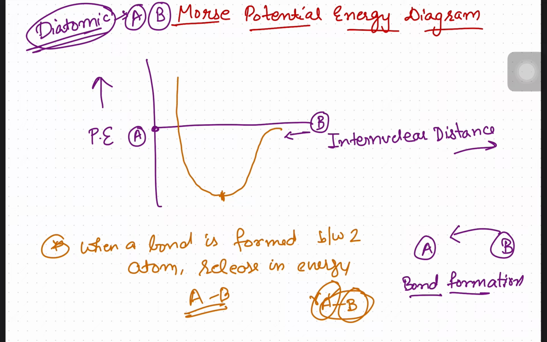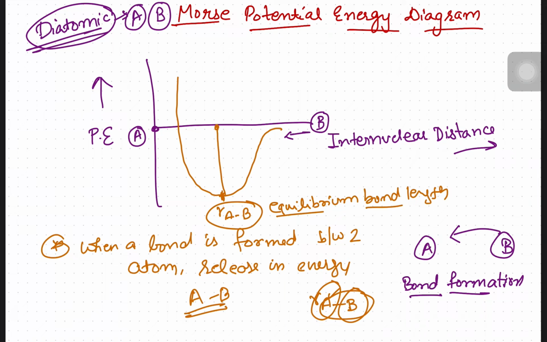So this point indicates the point where the bond is formed between A and B. This is also known as the equilibrium bond length. So this is the equilibrium point where the bond formation takes place.